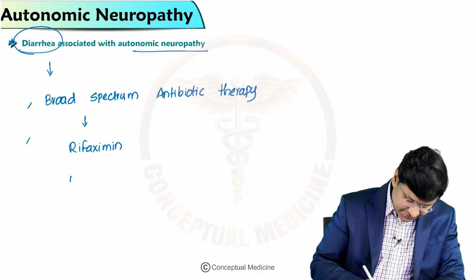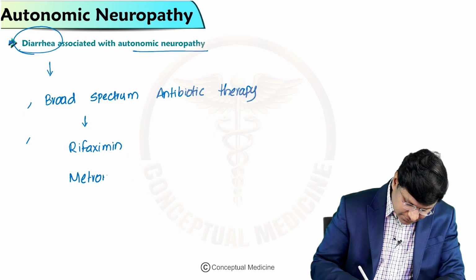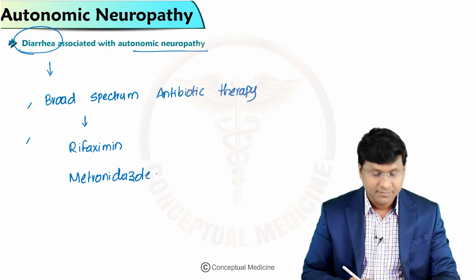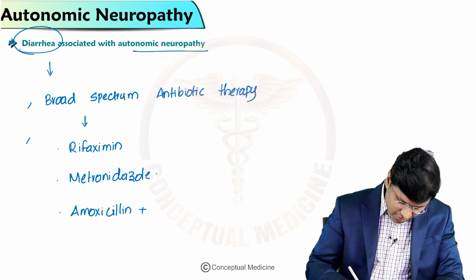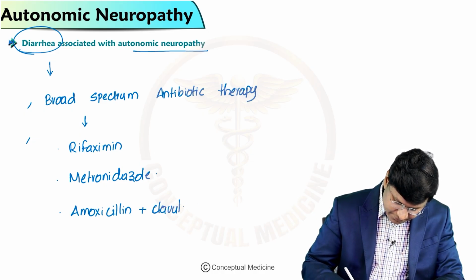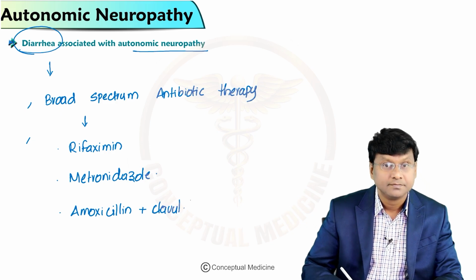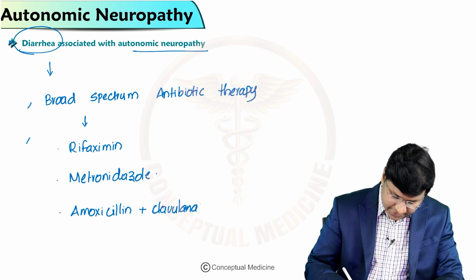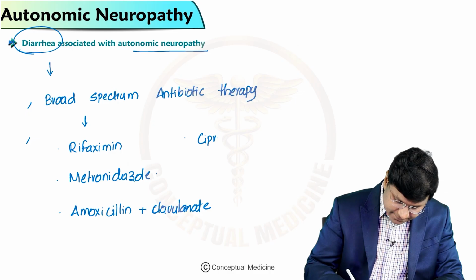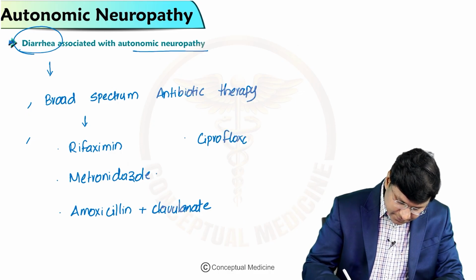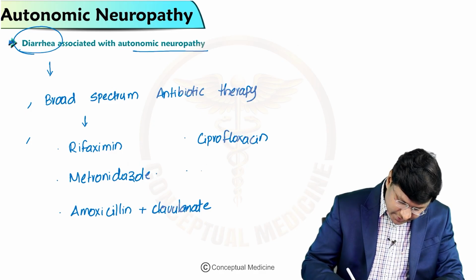rifaximin, then metronidazole, which is an antiparasitic drug, then a combination of amoxicillin plus clavulanate, then the other important drug is quinolones, that is ciprofloxacin, then followed by that doxycycline.